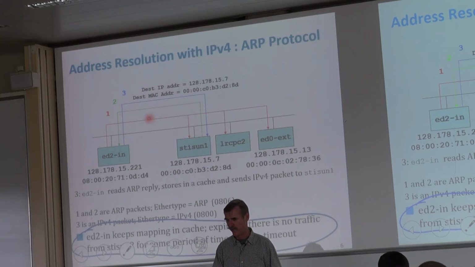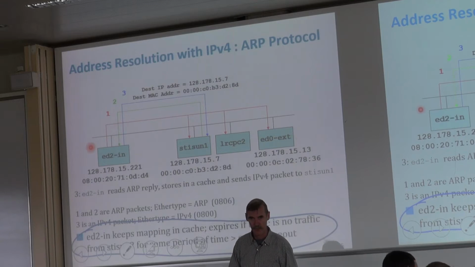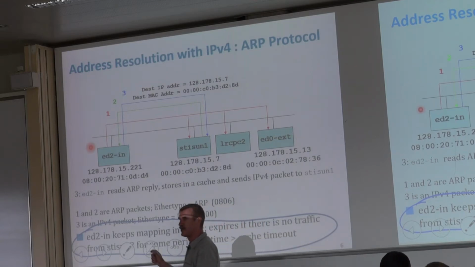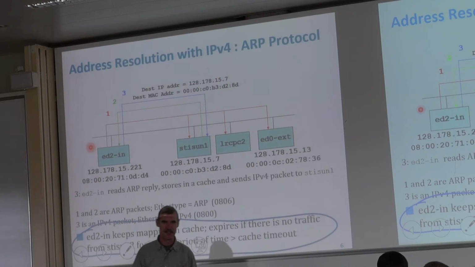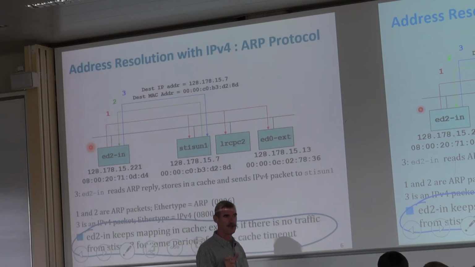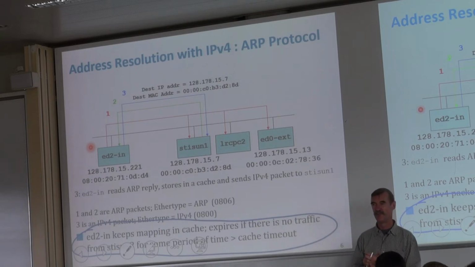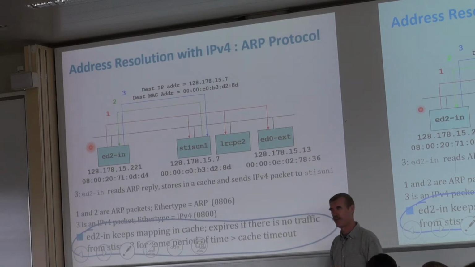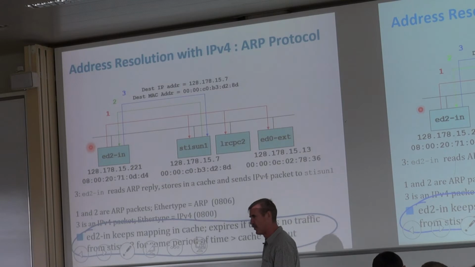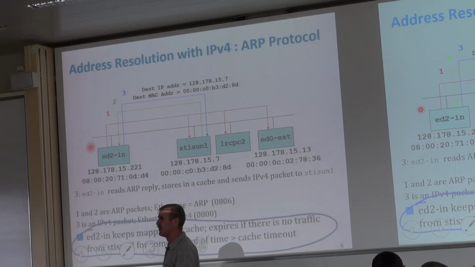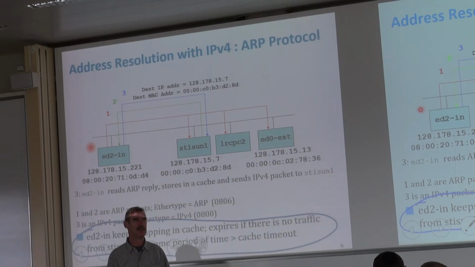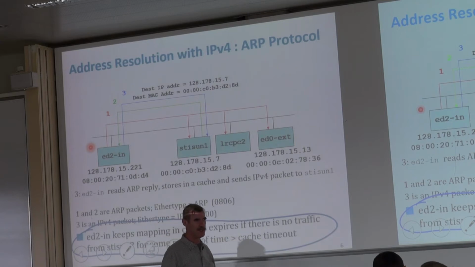If there is a lot of traffic flowing between the two, every packet that is received by the router from STI SUN1 contains an IP source address and a MAC source address. So the router will take this as a confirmation and will refresh the timer of the cache. So that we need, in the best case, to do it only once, very, very few times.